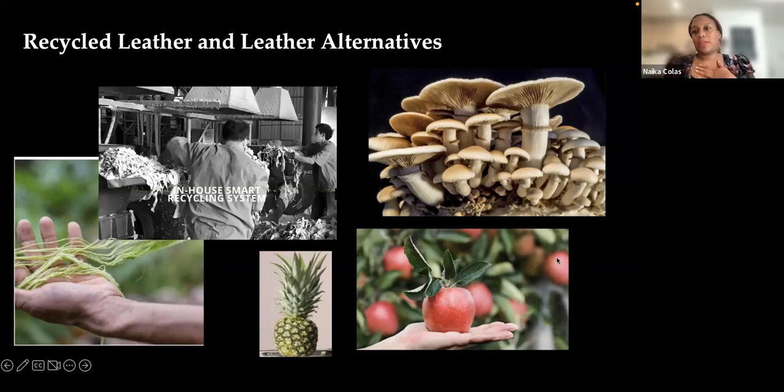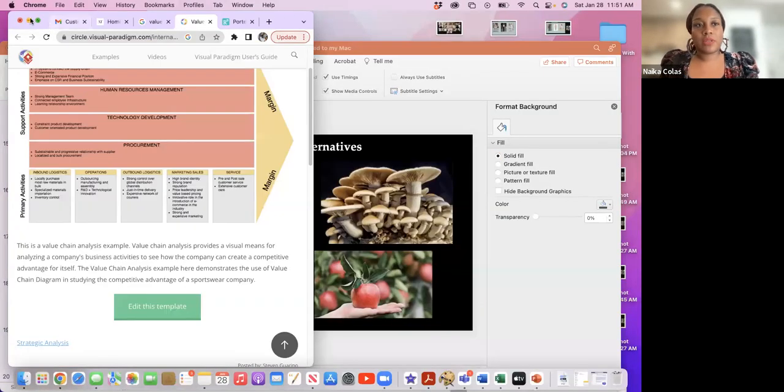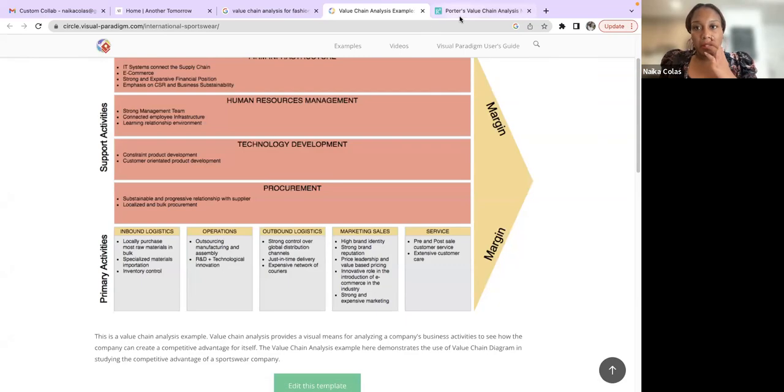My favorite is the mushroom leather because mushrooms have mycelium, which is like clusters of cells. Every living organism has cells, right? But with mycelium, and you can even see it here, it makes for a different texture of leather. And I'll show you what Mylo leather looks like.